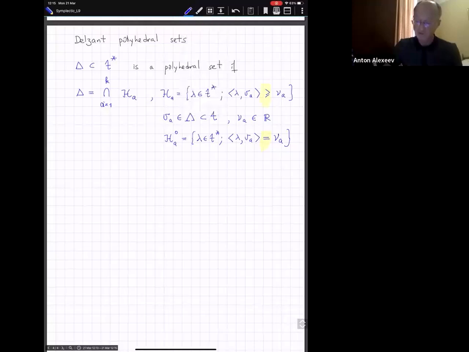We also, on some occasions, need H_a plus, and that's where the inequality is strict. Okay, so let me give you a couple of examples.